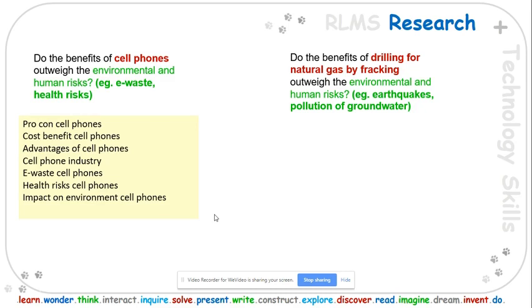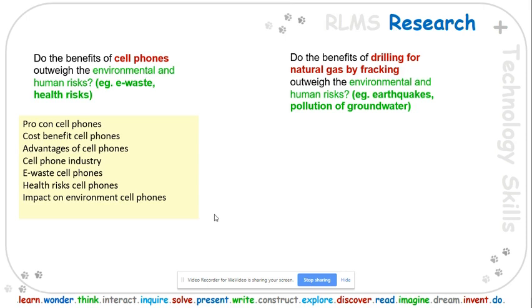You also might want some information on the cell phone industry. How many cell phones are there? How much money does it make? How many jobs does it create? You can also get very specific and look at e waste. E waste is electronic waste, it's what happens when we throw our cell phones away. But electronic waste is all electronics, so you also want to add the words cell phones in your search.